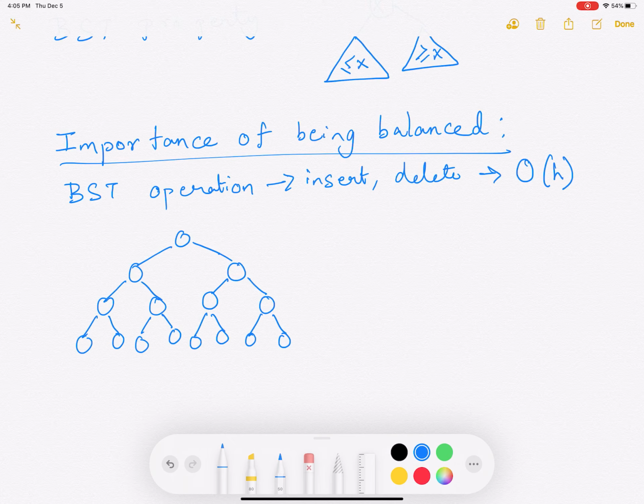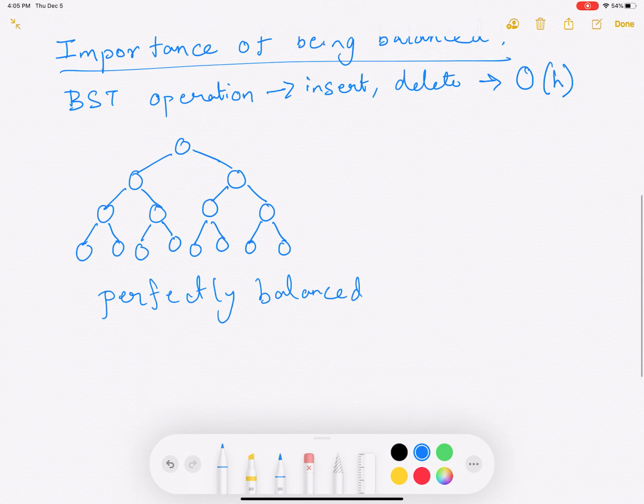So it's a perfectly balanced tree, and the height of such a tree is O(log n). Therefore, insertion and deletion in this particular tree will occur in O(log n) time.